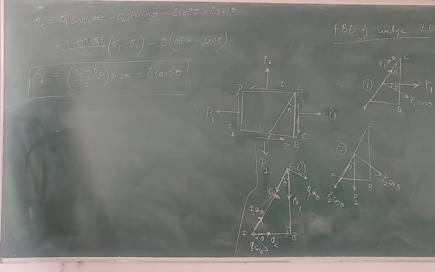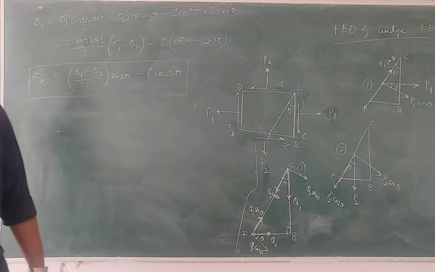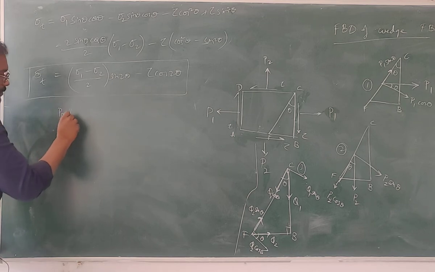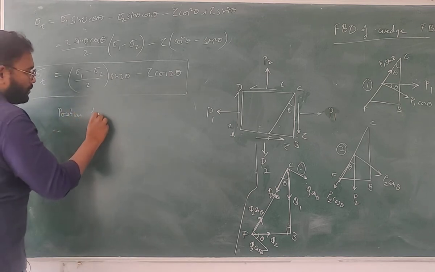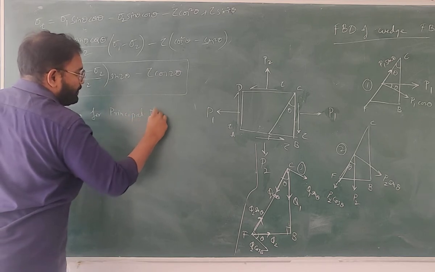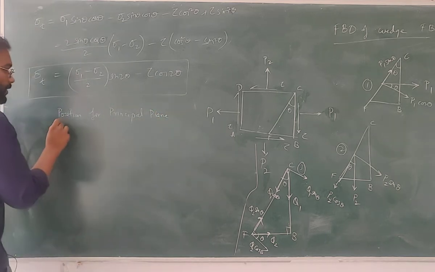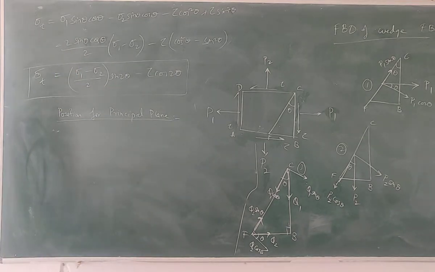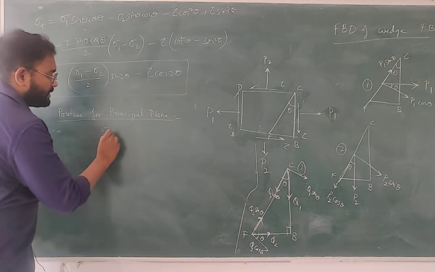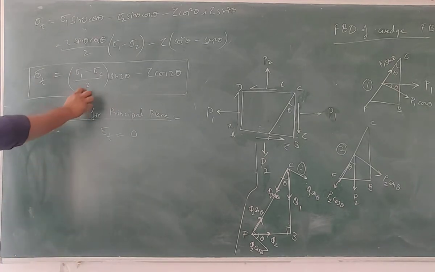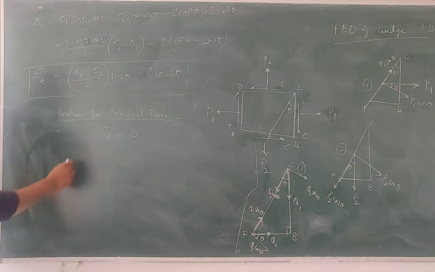So this is the final equation for sigma t, and we also have calculated for sigma n. Now we will derive the position for the principal plane. What is the principal plane? A plane on which tangential stress or shear stress is 0. So equate the equation for tangential stress to 0.